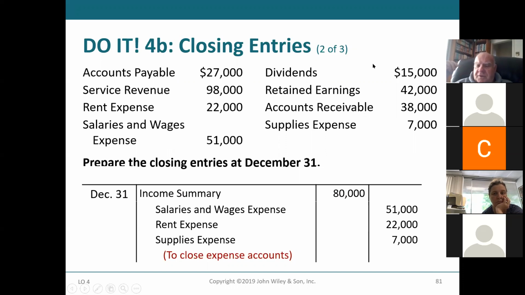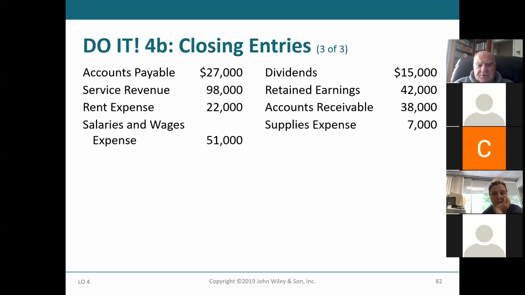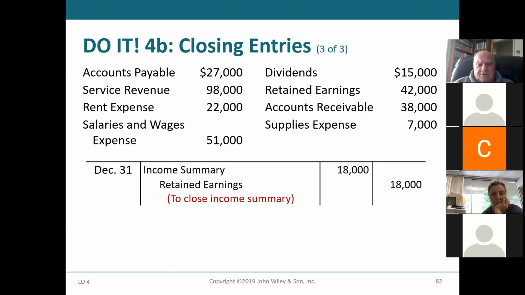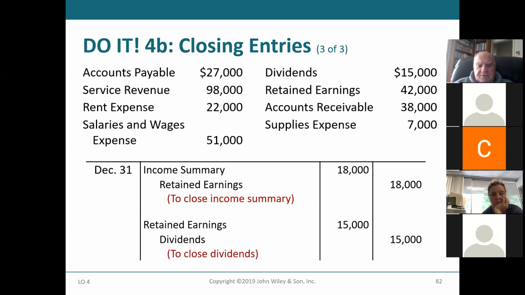At that point, I think you would agree that the income summary account has the net income. So now we take that net income and move it over to retained earnings. There we go right there. We close the income into retained earnings. Dividends go directly to retained earnings. You don't need the income summary account.